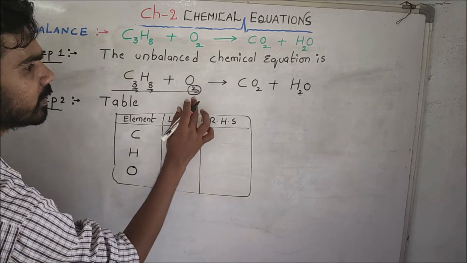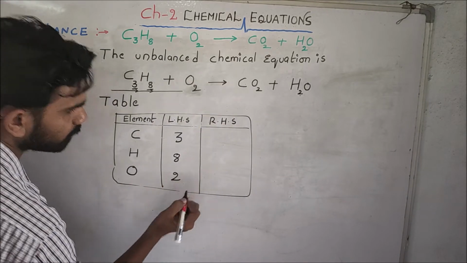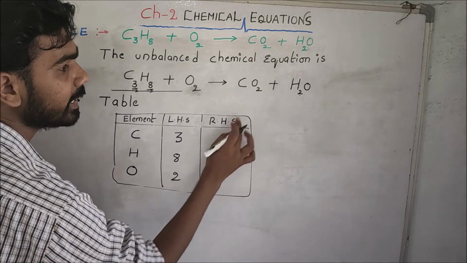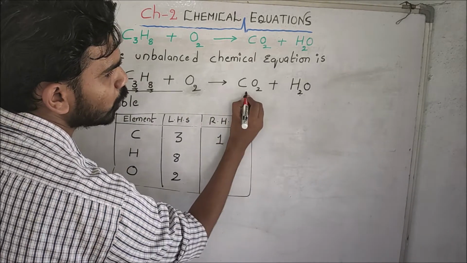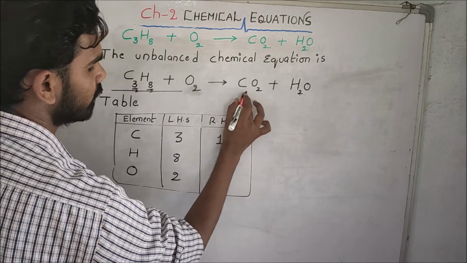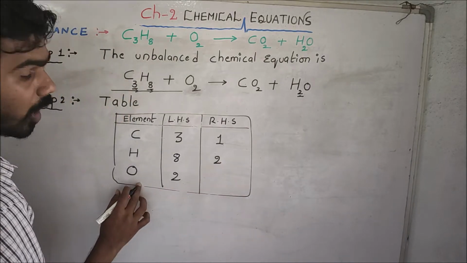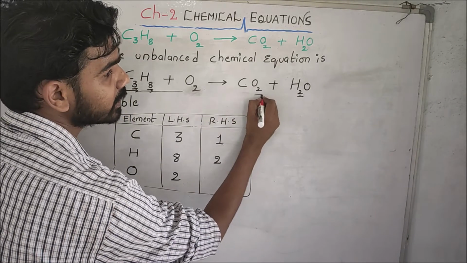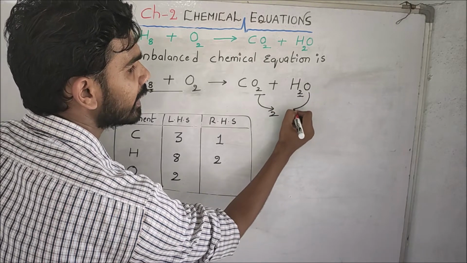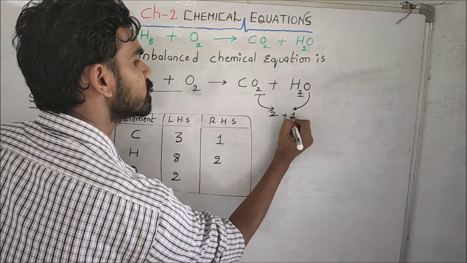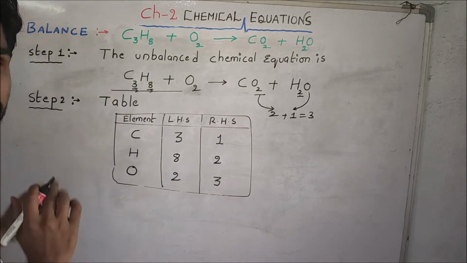You can see it as O2. And how many carbons on this side? 1, because no number means 1. How many hydrogens? 2. How many total oxygens? Here 2, here 1. 2 plus 1, 3. Total oxygens are 3. You know this.